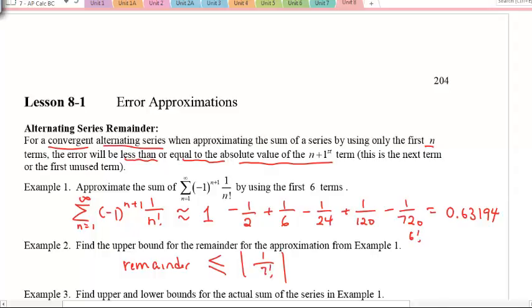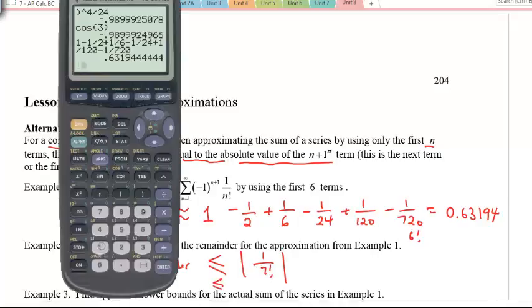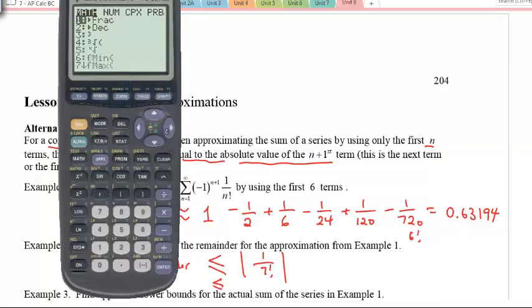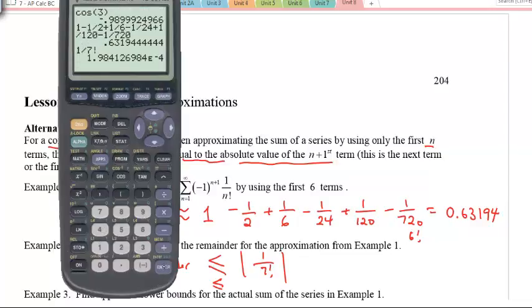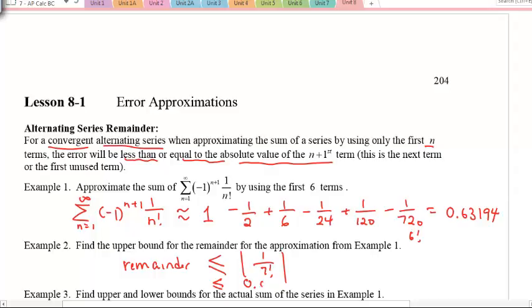What is the actual value? Once again, using your calculator, 1 divided by 7 factorial. The factorial is under probability, number 4. Notice you get 1.98 times 10 to the negative 4, so that's 0.000198. So the remainder is less than or equal to that.